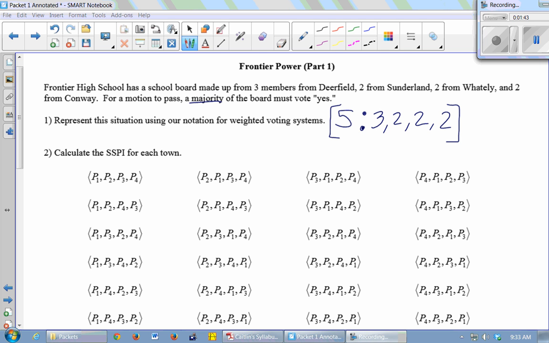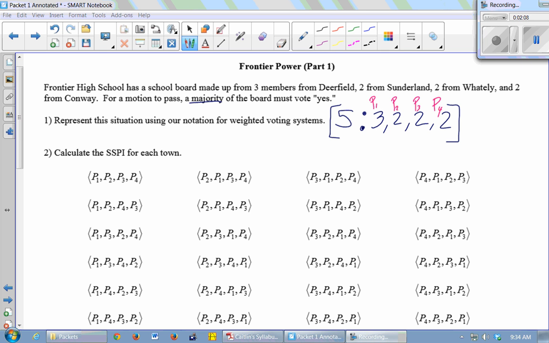All right, and then to calculate the SSPI for each town, we're going to have player 1 be Deerfield, player 2 will be Sunderland, player 3 will be Whately, and player 4 will be Conway. So we'll call these player 1, player 2, player 3, player 4.